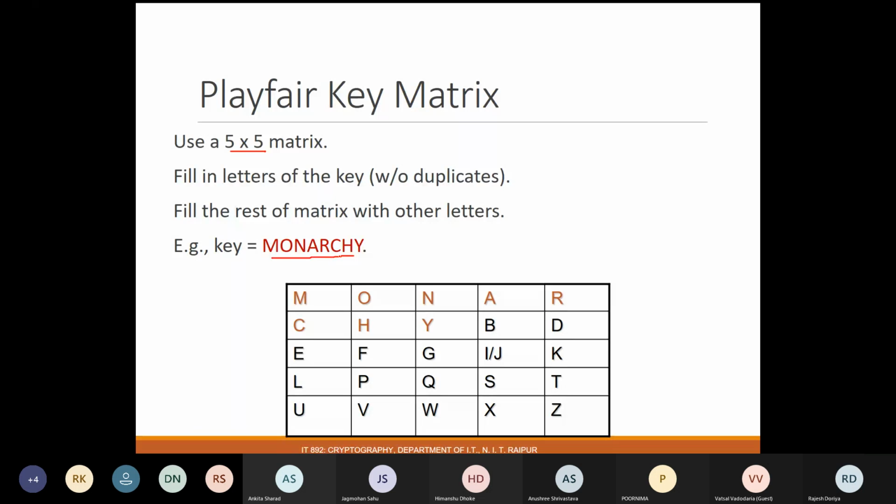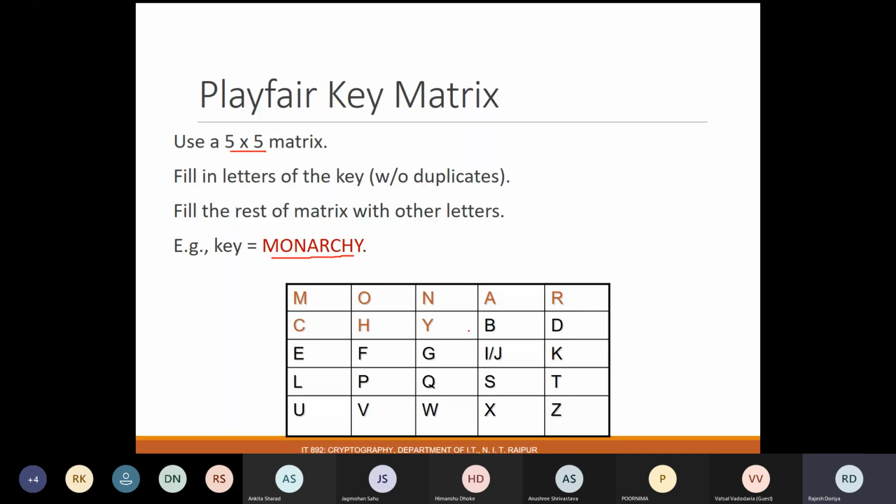So in this case, there is no alphabet which is repeated twice. We will treat it as a key. Let's say in this example, monarchy is the key. First you need to fill in all the letters of this key. So all these letters have been filled one by one up to here.